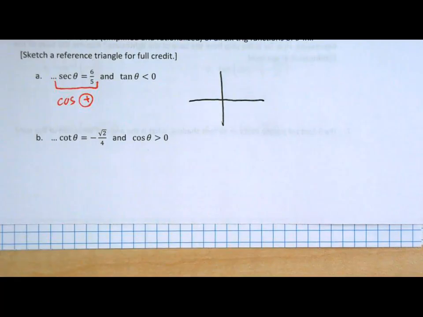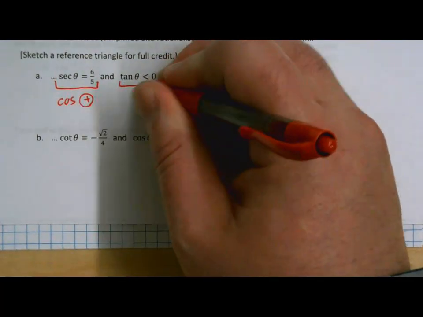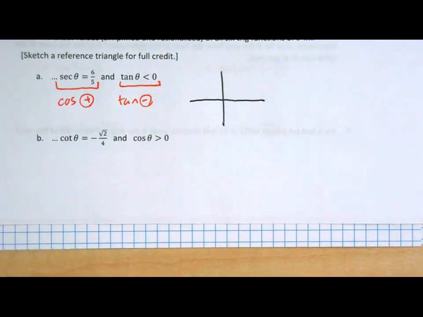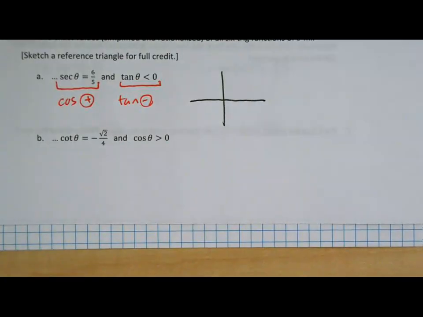And from this I've got a tangent that's negative. Your first order of business is to come up with two statements about sine, cosine, or tangent, and whether they are positive or negative. With those two things combined, you should be able to figure out what quadrant you're in.